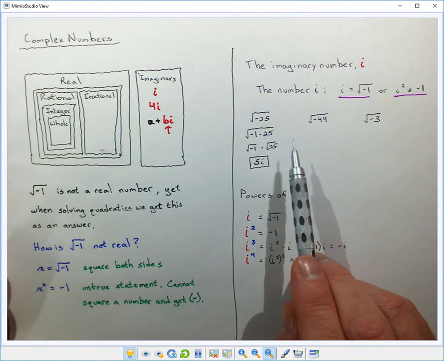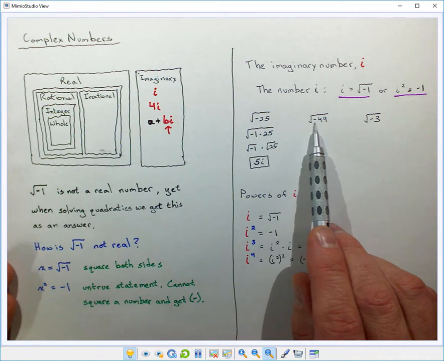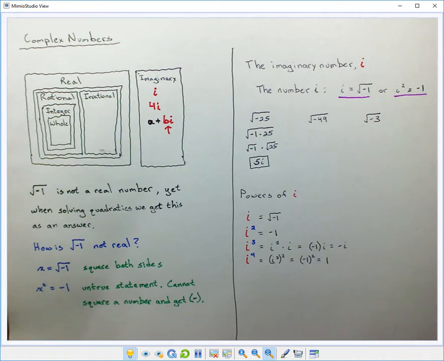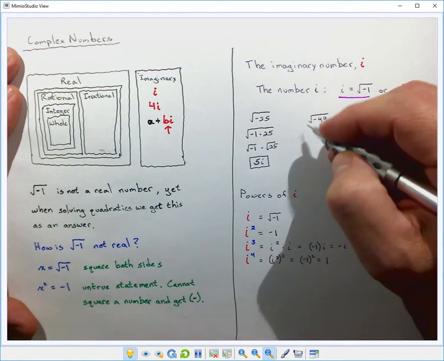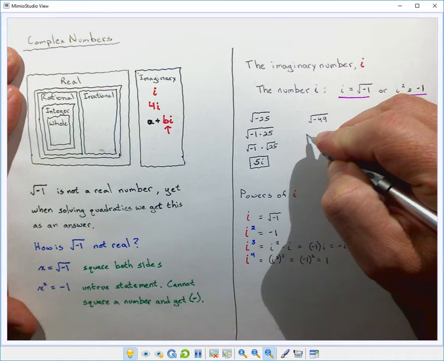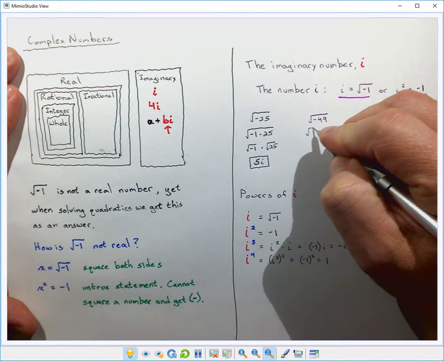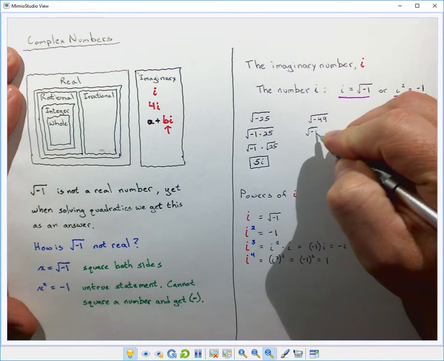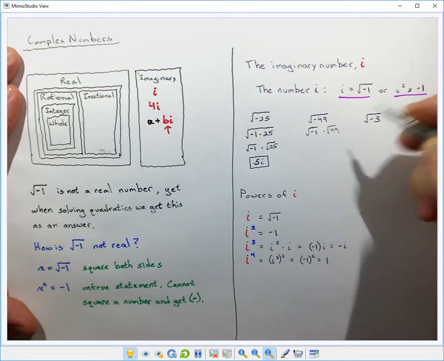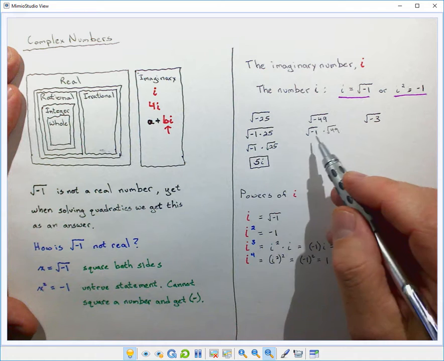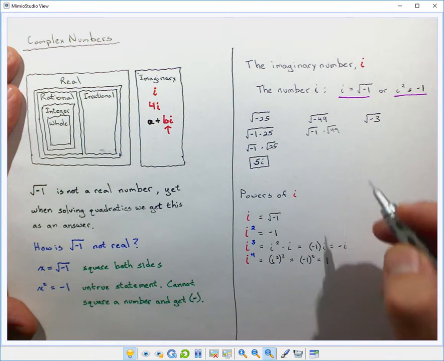Go ahead and pause the video and work these two problems, and let's see if we get the same answer. Alright, so for the square root of negative 49, I do the same thing, except I'll take a shortcut here. I already know that this is going to be the square root of negative 1 times the square root of 49.